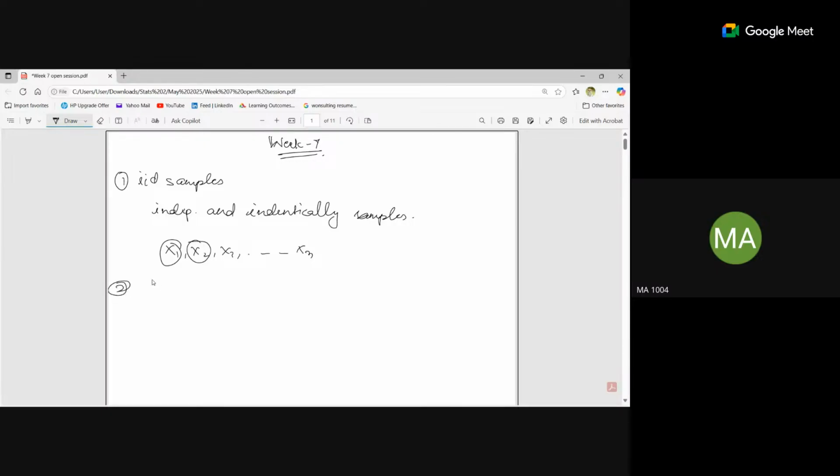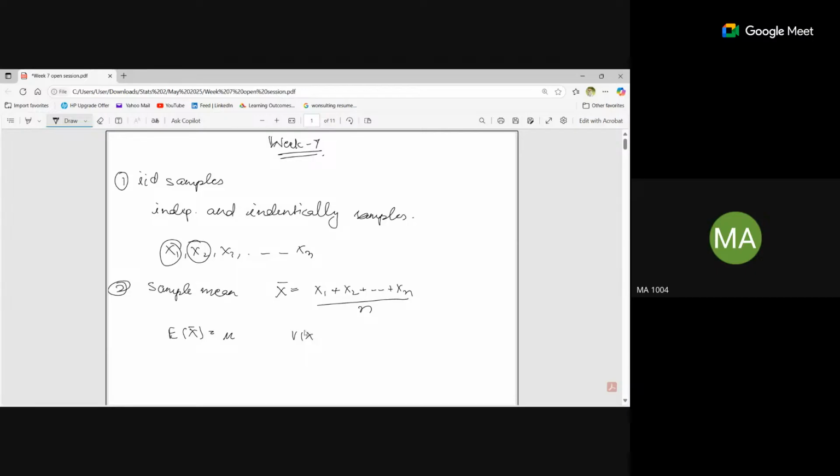Then we have some descriptive statistics for empirical distribution. The first one was the sample mean, correct? What is the formula of sample mean? Sample mean is x bar, which is the average of all the samples. Now, what is the expectation of a sample mean? It is mu, which is equal to the original mean of the distribution.